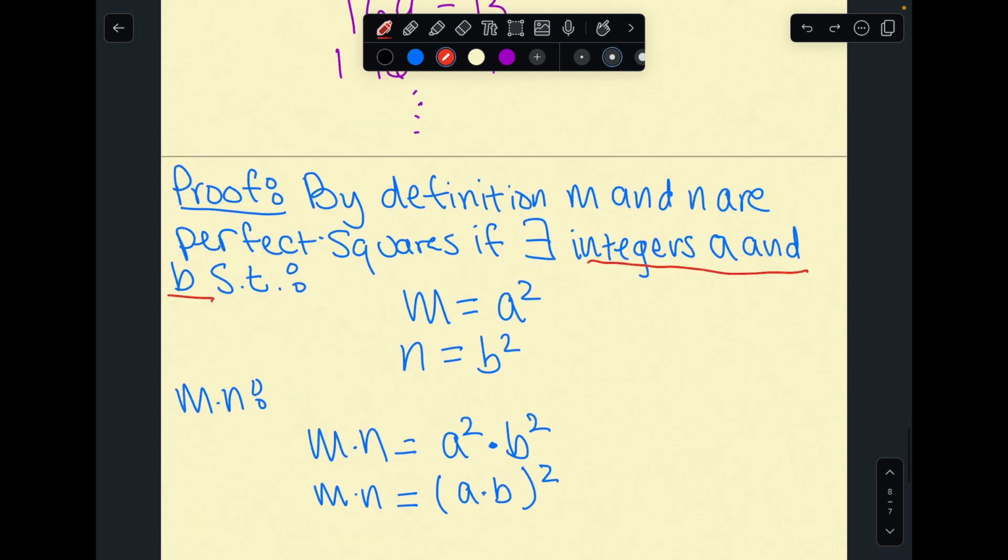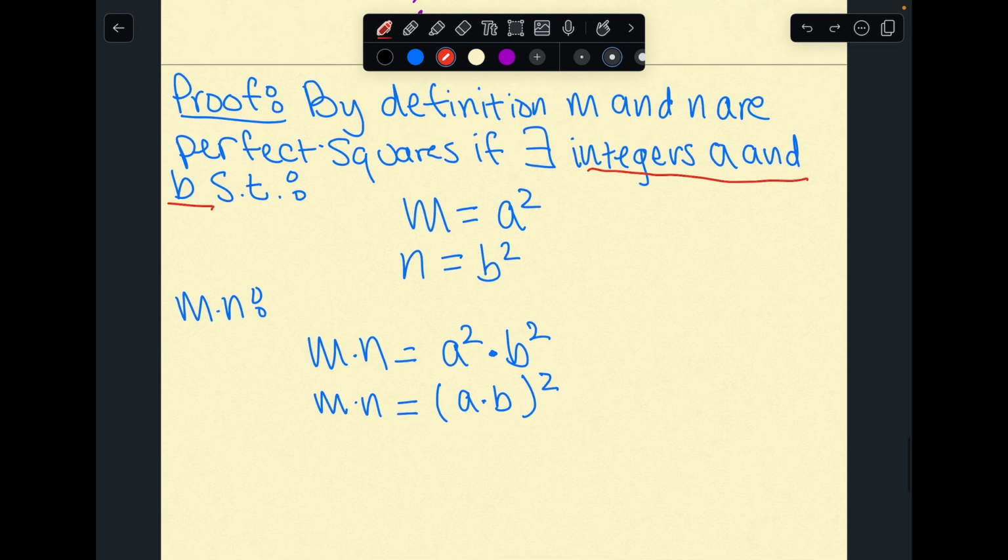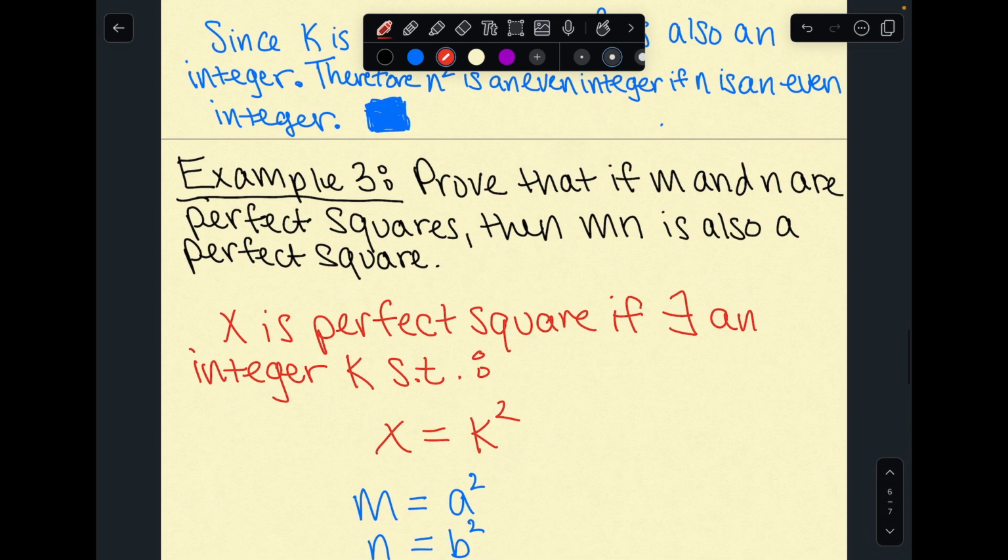So we want to make sure that A times B here is an integer, and we know that it's squared. So we know that A and B are integers by definition. Similar to our last example, we know that an integer times an integer is what? An integer. So this entire expression in the parentheses is an integer. So what do we have on the right-hand side? An integer squared, which is what we needed for our proof. Since the definition of a perfect square is what? An integer squared.